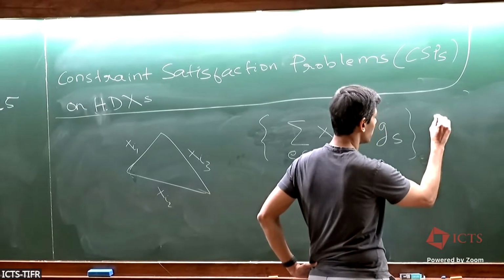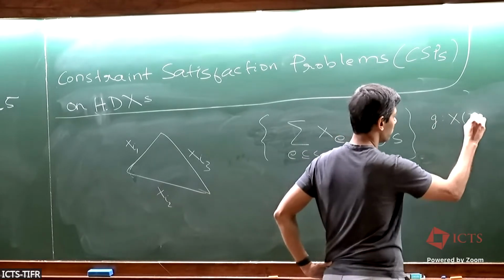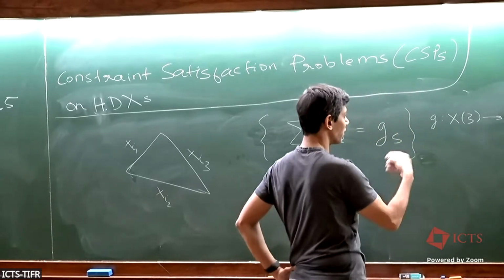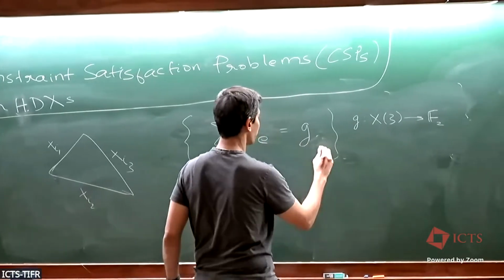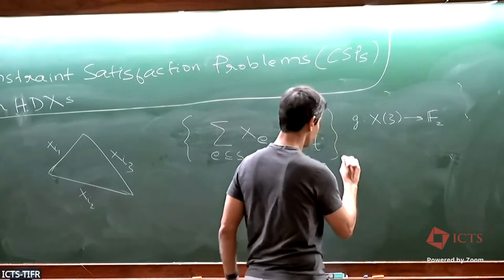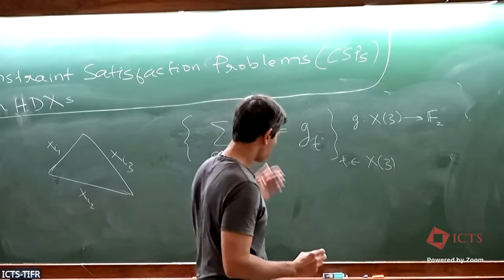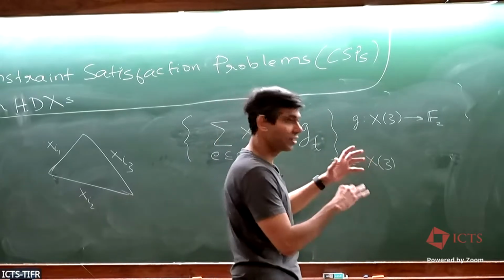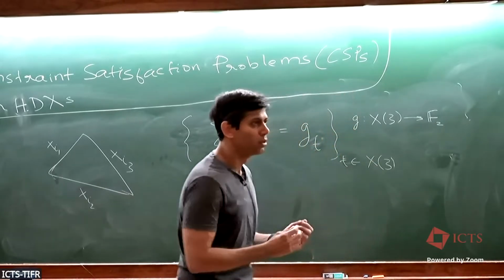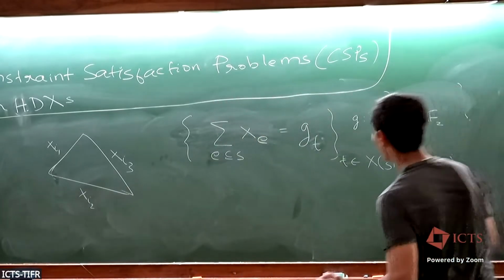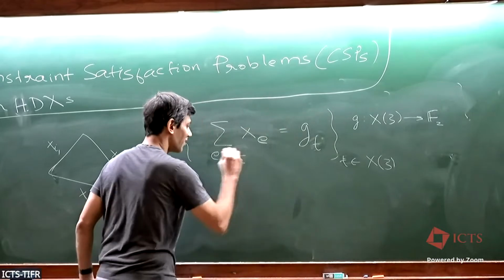So g is from X3 to F2. So this is one for every, well, actually, let's just call it t, triangles. Okay, and this is going to be my instance. Sorry, it's T, just T for triangle.